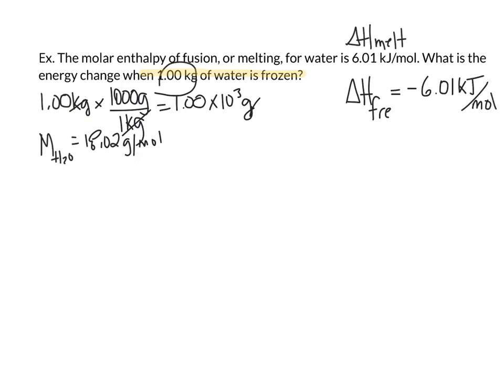So when water freezes, it's exothermic. When it melts, it's positive, it's endothermic. That's all the sign means. One is energy is released, one is energy is absorbed. So you can either calculate the number of moles or plug that into this equation.